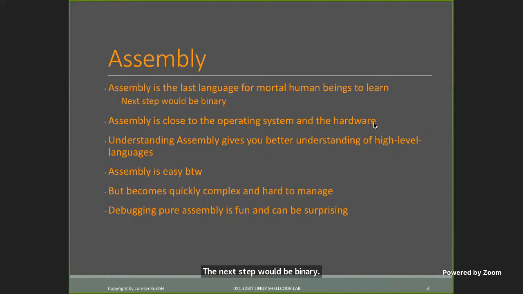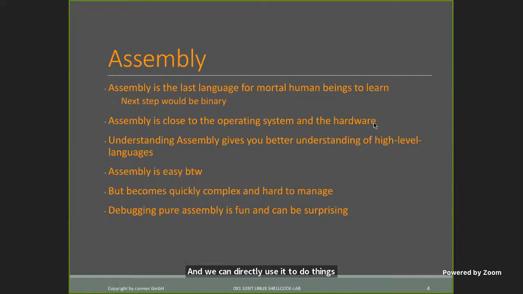And although I have done this computer stuff for quite some time, I cannot really write binary constantly. Assembly itself is close to the operating system, to the CPU and to the hardware, and we can directly use it to do things.